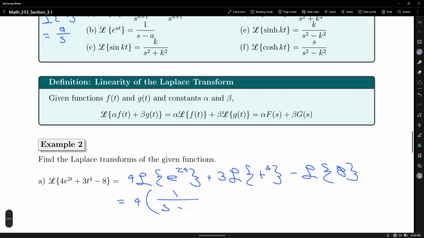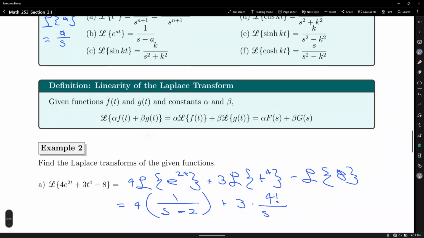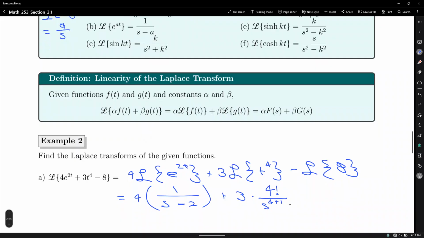But what's a in this case? The quantity that multiplies the t in the exponential, so s minus 2, plus 3 times the transform of t to the fourth. For the power function, that is n factorial, which is 4 factorial, divided by s to the same power plus 1, minus the Laplace transform of a number.